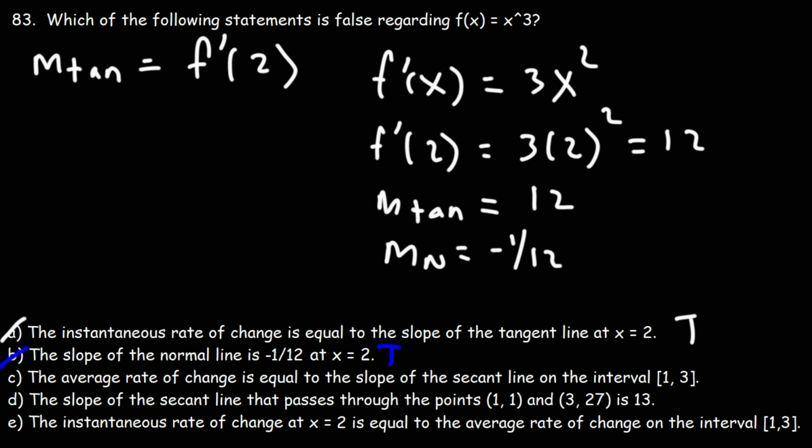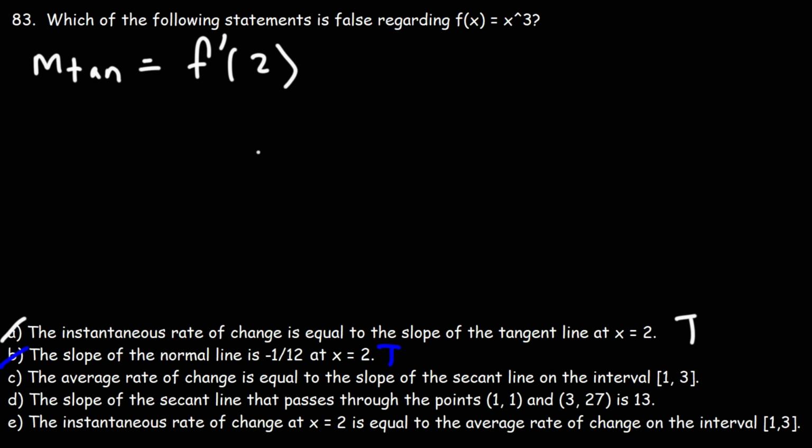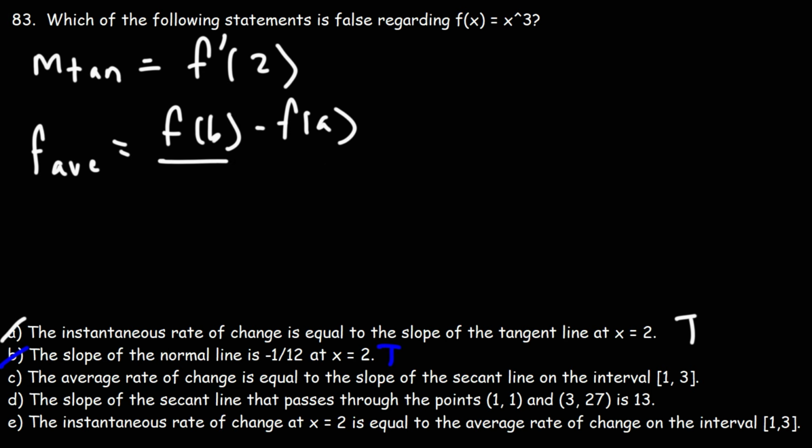What about C? The average rate of change is equal to the slope of the secant line on the interval 1 to 3. The average rate of change is f of b minus f of a over b minus a. Now the secant line is a line that passes through 2 points.